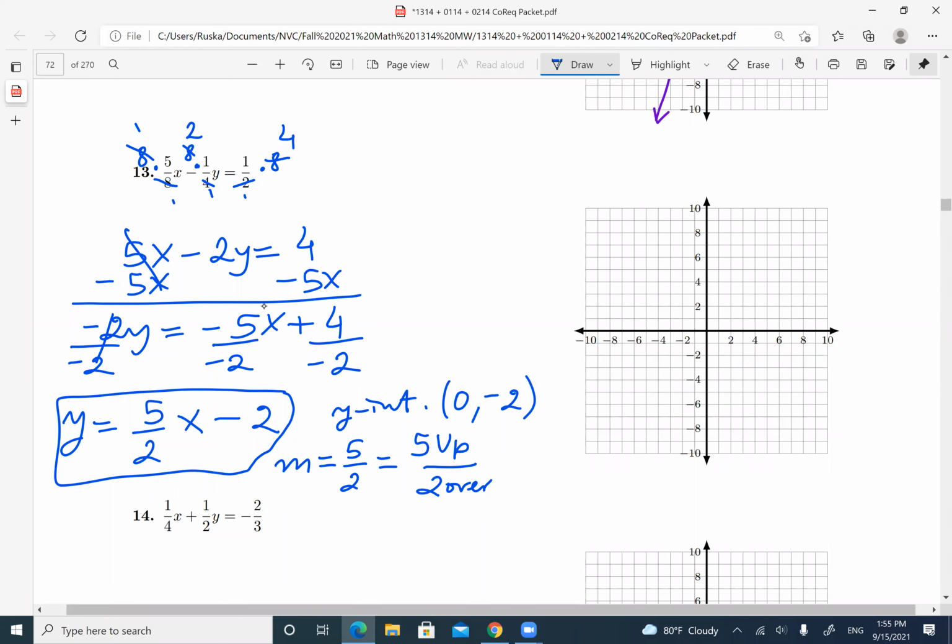So we're going to start with the y-intercept. We're going to go to -2. And from -2, you're going to go 5 up. 1, 2, 3, 4, 5. And then 2 over. So this is the second point.